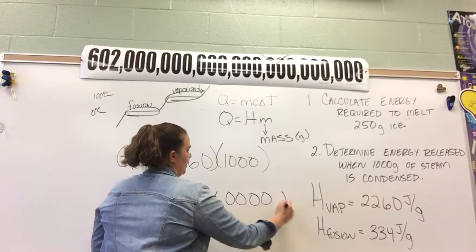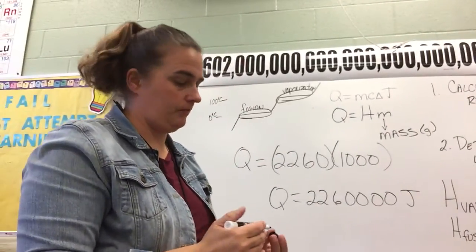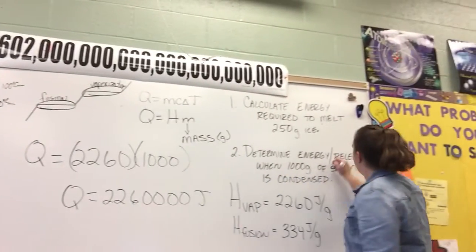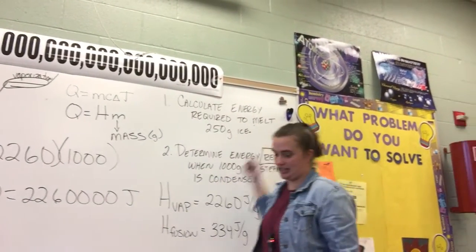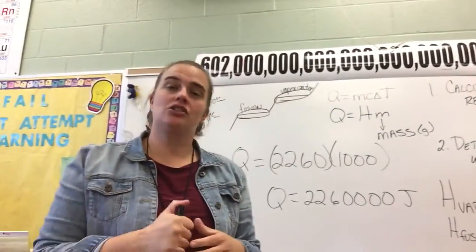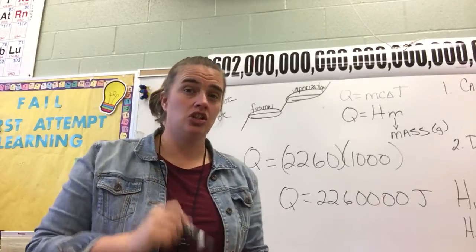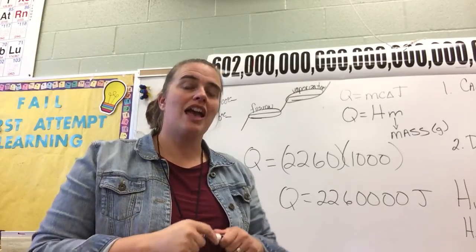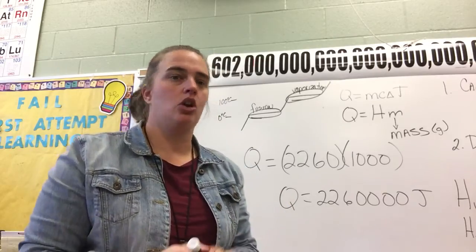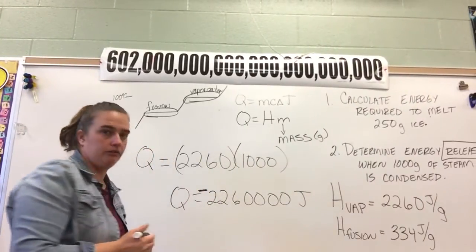And there you go. Now, there's something else that I want to mention. This key word over here, energy being released. Since it's released, that would be exothermic. That does slightly change our Q value. Whenever energy is released, or whenever something is exothermic, we need to throw a negative on there.